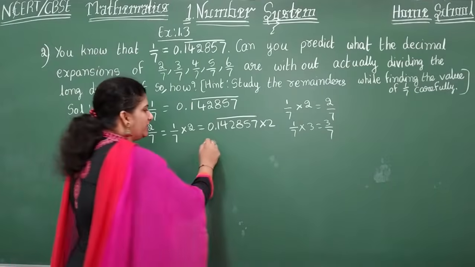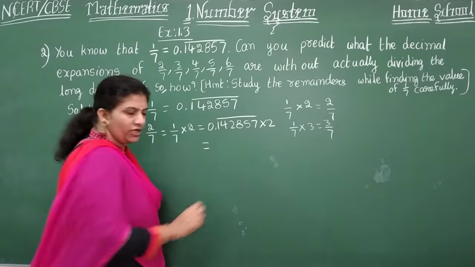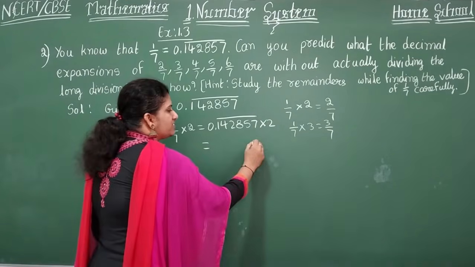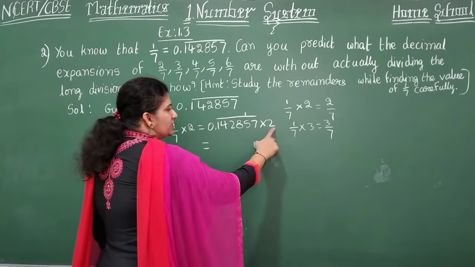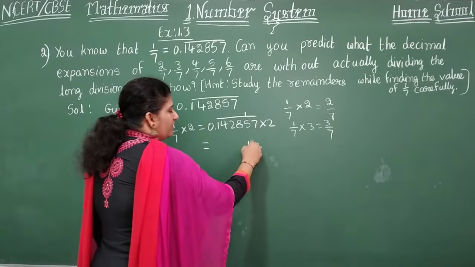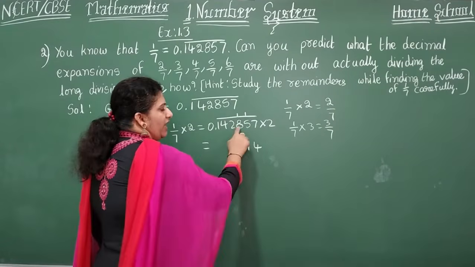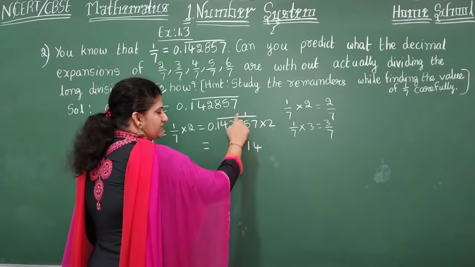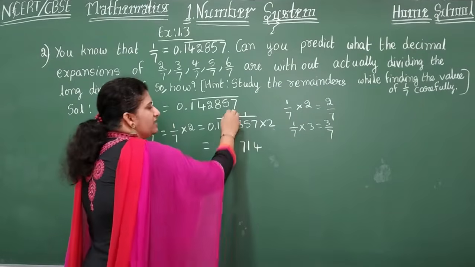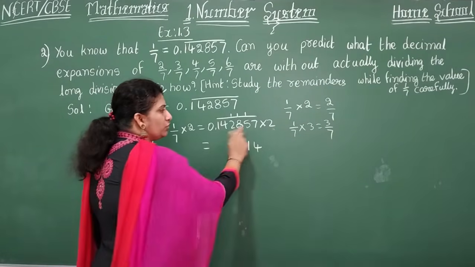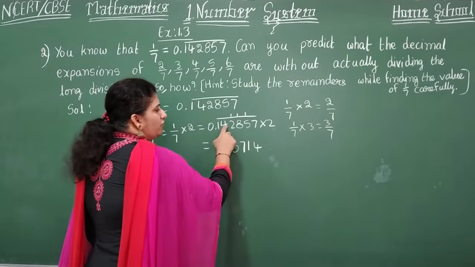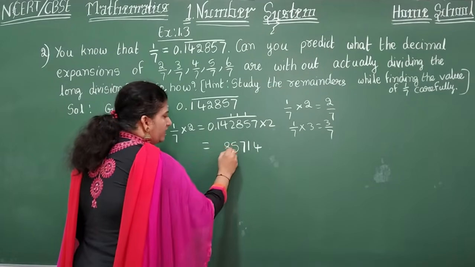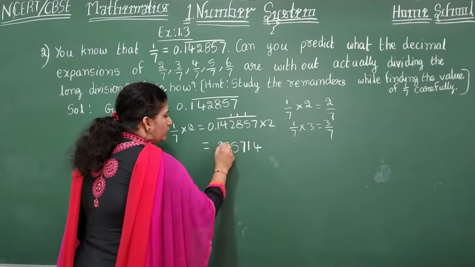So now children, multiply this. What are you going to get? 2 sevens are 14. Okay. 5 twos are 10, 10 plus 1 will be 11. 8 twos are 16, 16 plus 1 will be 17. 2 twos are 4, 4 plus 1 will be 5. 4 twos are 8. 1 two is 2.